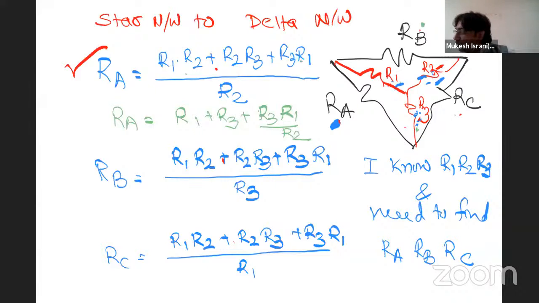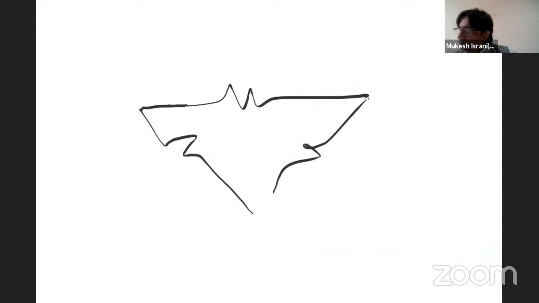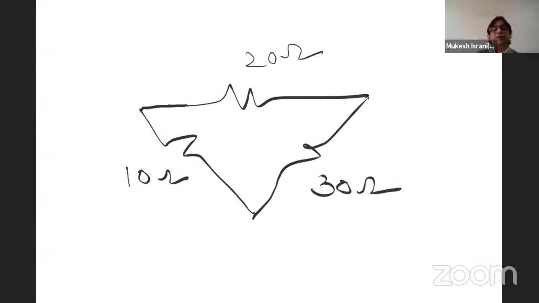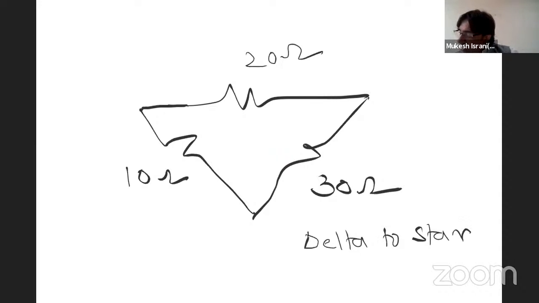One or two sums and then go there. Let's say I give you something like this. This is 10 ohm, this is 20 ohm, and this is 30 ohm. I need to convert this into star. So convert a delta to star. The star one will look like this.